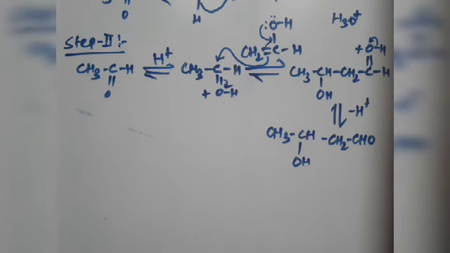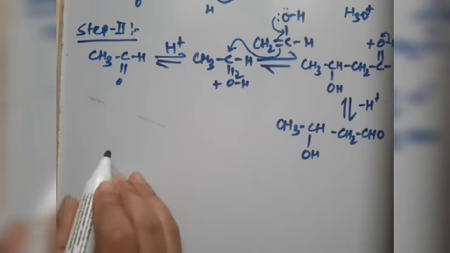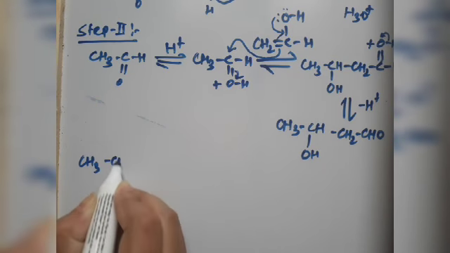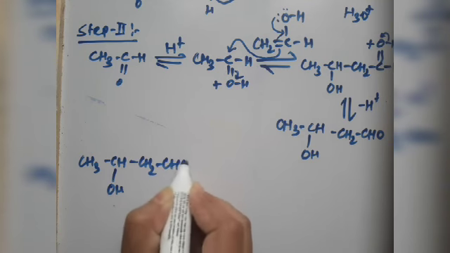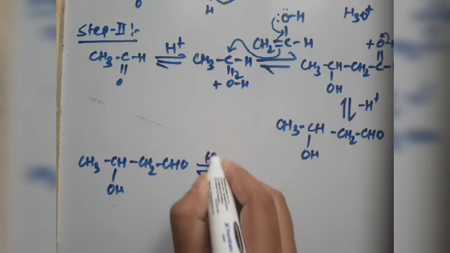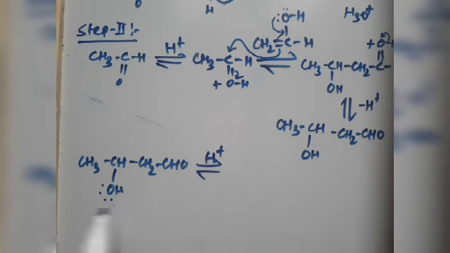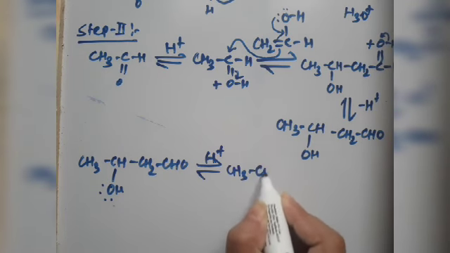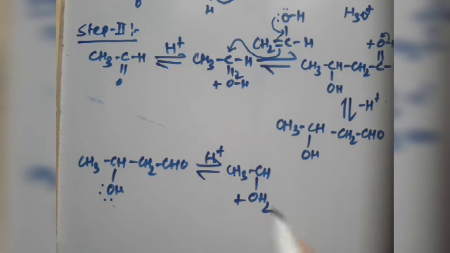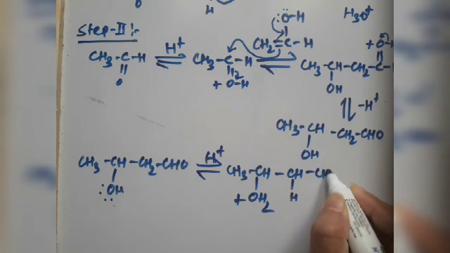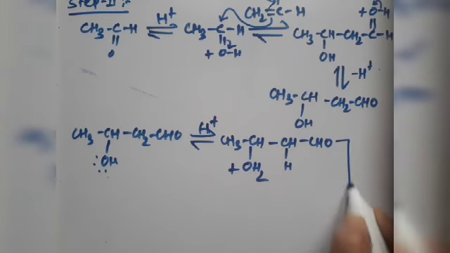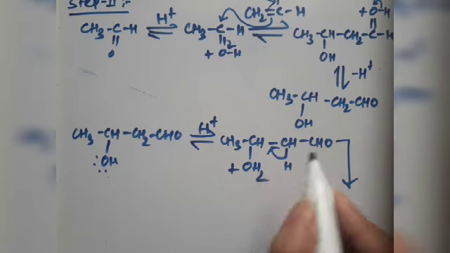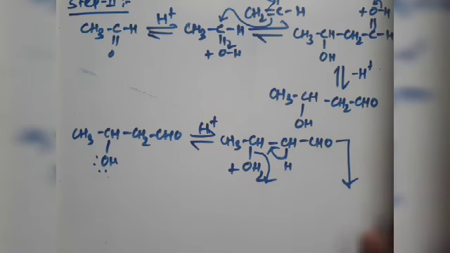So similarly, after the formation of this aldol, as acid is present in the medium, dehydration will also occur, CH2, CHO. So H plus, two lone pairs are here, so what will happen? OH2 plus, right? Then CH, H, CHO. We can write it like this. Clear? Now this bond will break and this water molecule will be liberated.